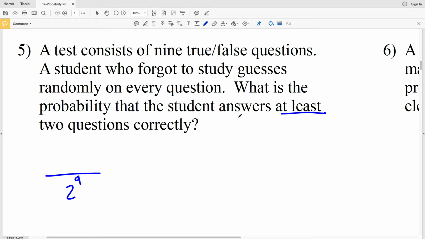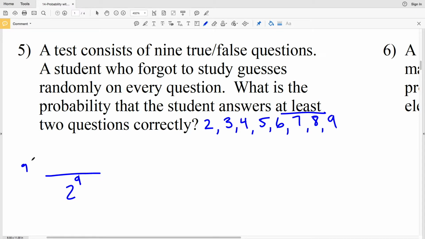And we're looking at the probability that the student gets at least 2 questions correctly. So that's getting 2 correct, 3 correct, 4 correct, 5, 6, 7, 8, or 9 out of the 9 total.